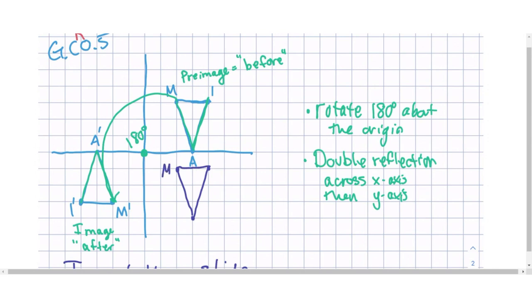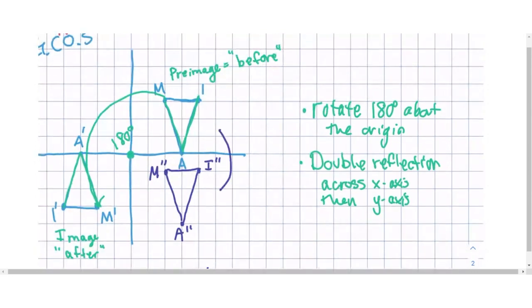We're going to call this M prime prime. That's how you say it's a different one. M prime prime and I prime prime and A prime prime. That would be, from here to here, a translation. How many units down did we go? 4 units down. Does that make sense what I just did?